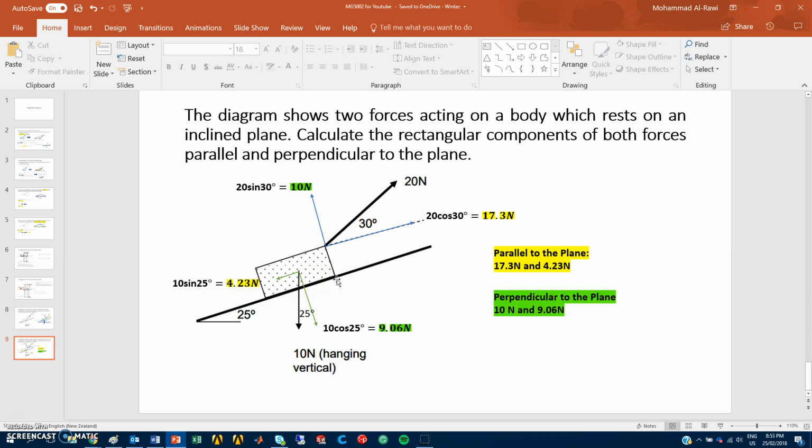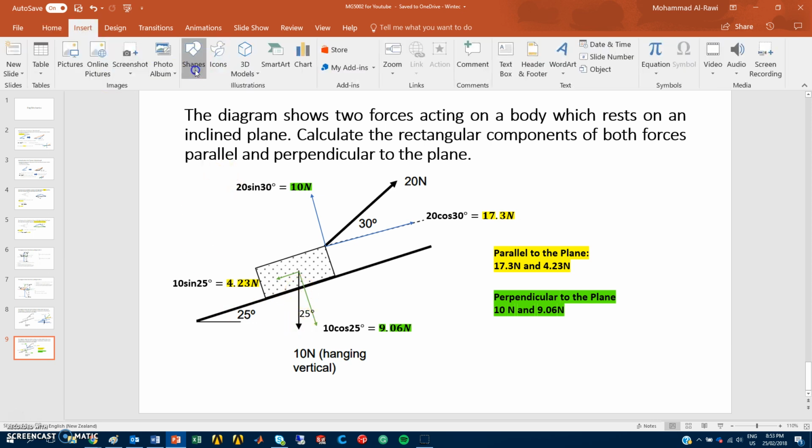Now, you may ask me, how did you determine the angle when transferring this 25 degrees to that side? So let's draw a triangle.